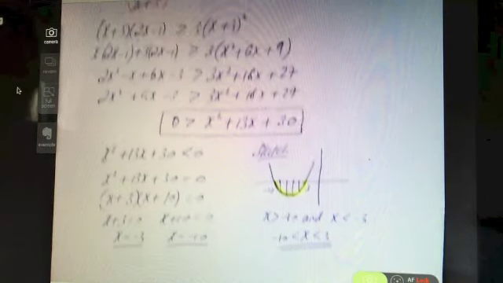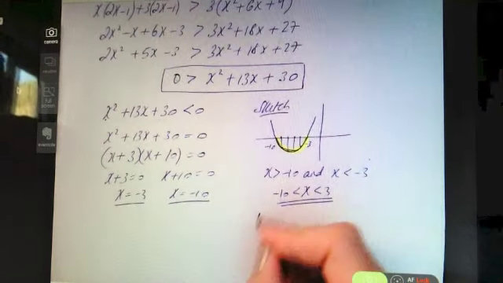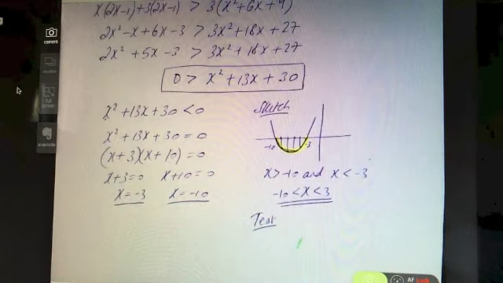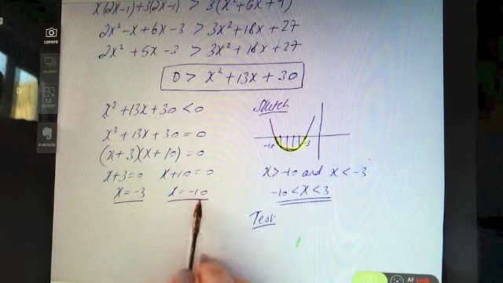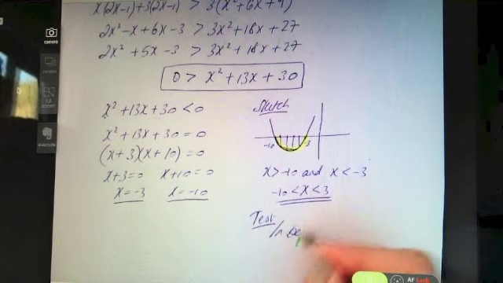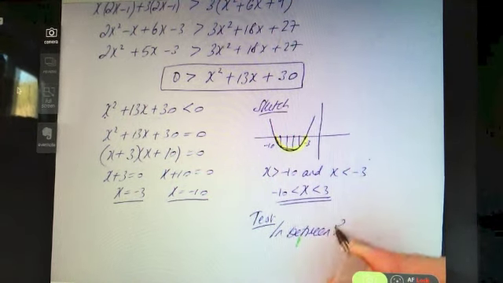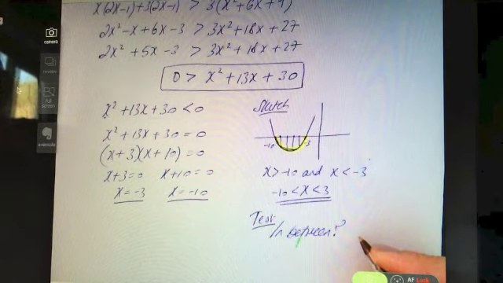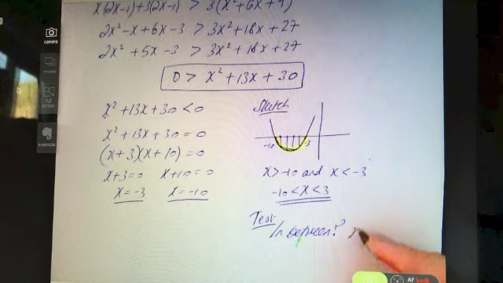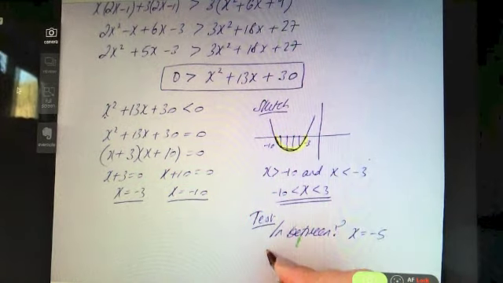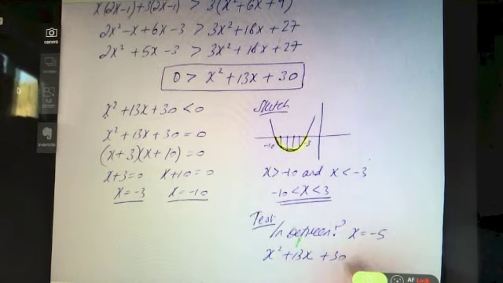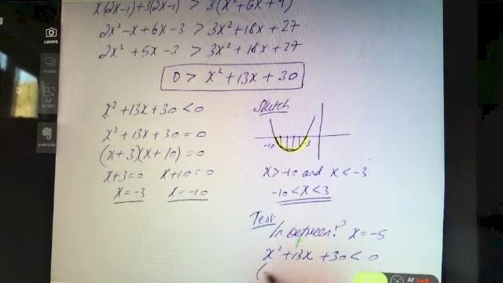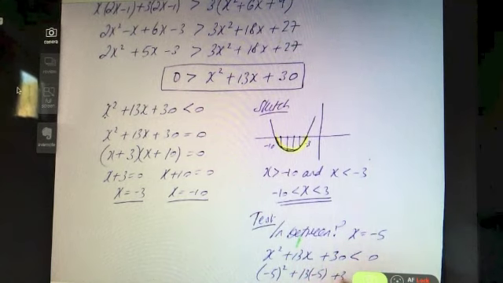So that's the answer. If you were testing it as your method to see the solution to this quadratic, we would look at −3 and −10. Let's test a value in between. So I'm going to test −5. Subbing it back into my original quadratic to see if it is in fact less than 0: (−5)² + 13(−5) + 30.